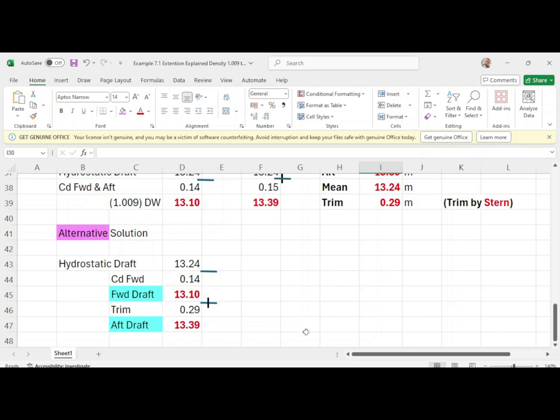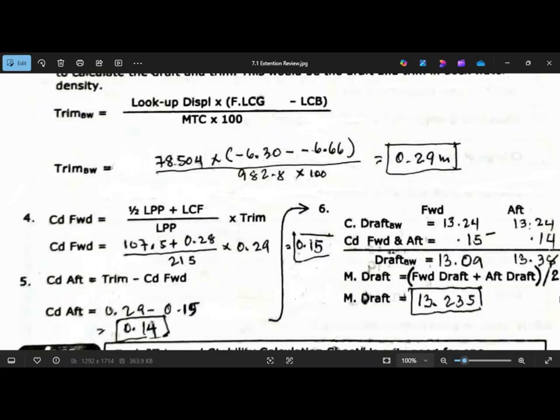Okay, and I will show you the other one. Okay, this is now the up drop. Change of drop up is 0.14, and change of drop forward is 0.15.